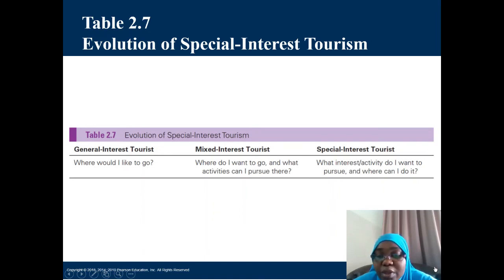Apart from the destination, they also want to know the activities they will be engaged in when they get there. Special interest tourists, apart from this, also want to know what interest or activity do I want to pursue and where can I do it. These are the questions that special interest tourists are going to answer.